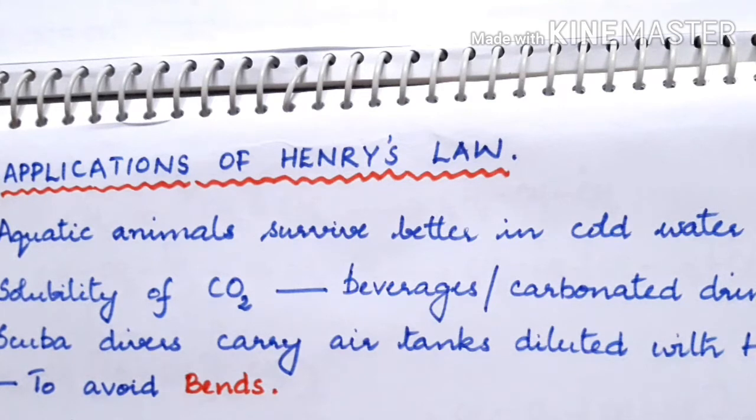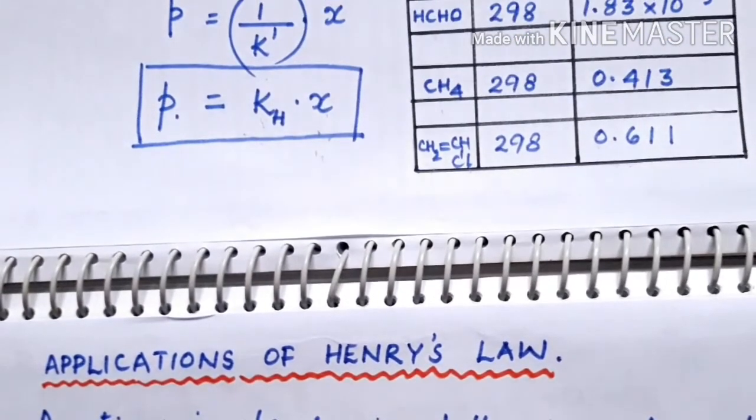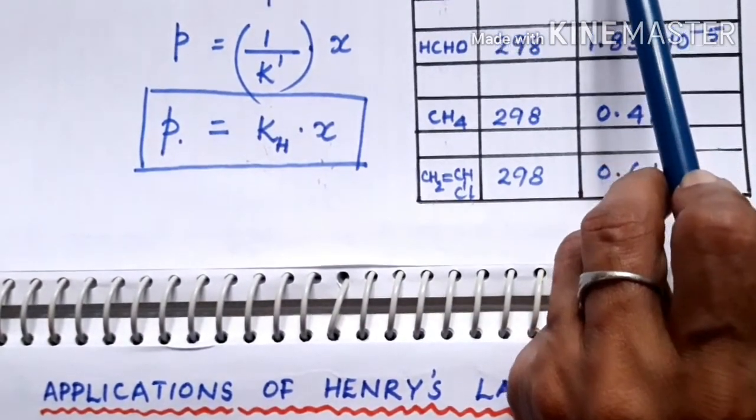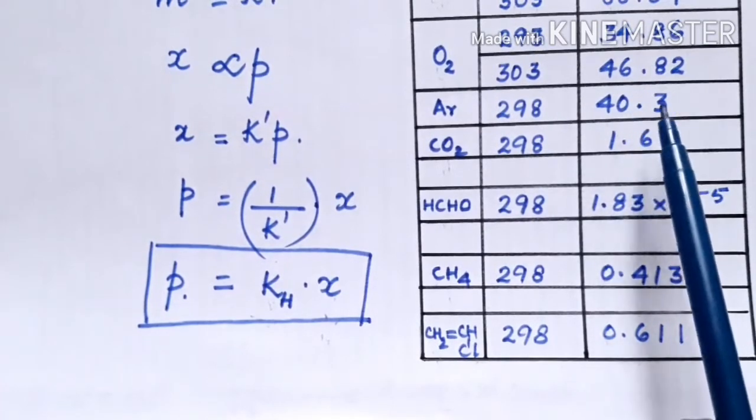First and the important application is why the aquatic life is able to survive better in cold water. As told earlier, we have seen the case of oxygen. The solubility of oxygen decreases with increase in temperature because there is a change in the KH values with increase in temperature.